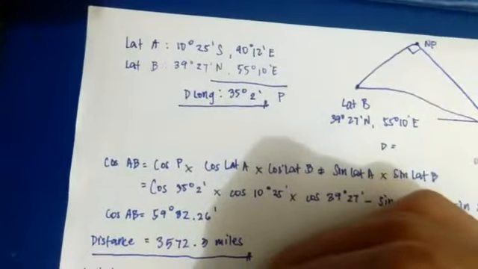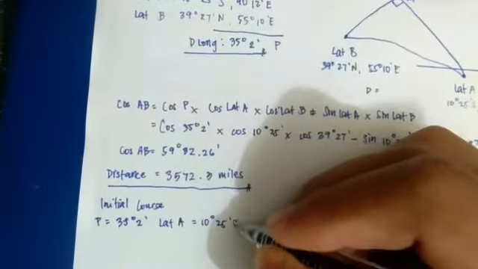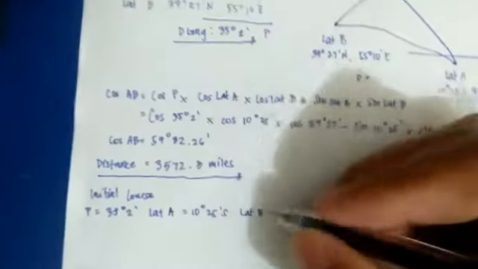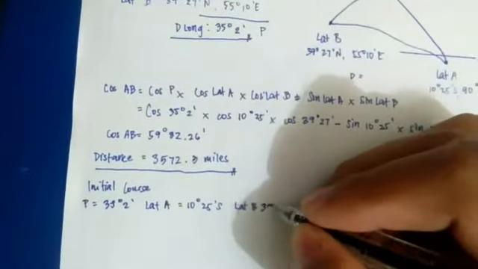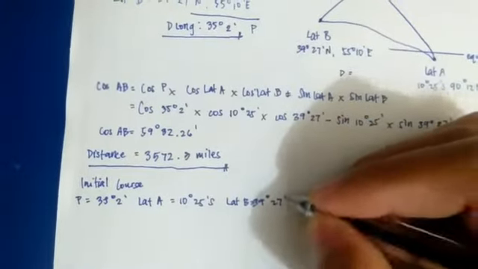We need to use our latitude A, which is 10 degrees and 25 minutes south, and our latitude B, which is 39 degrees and 27 minutes north.